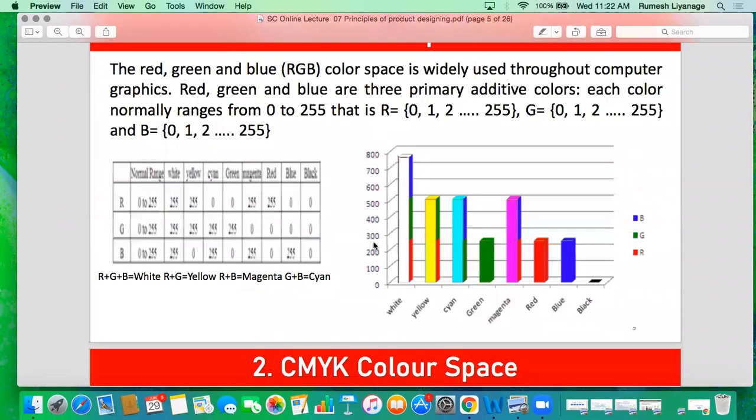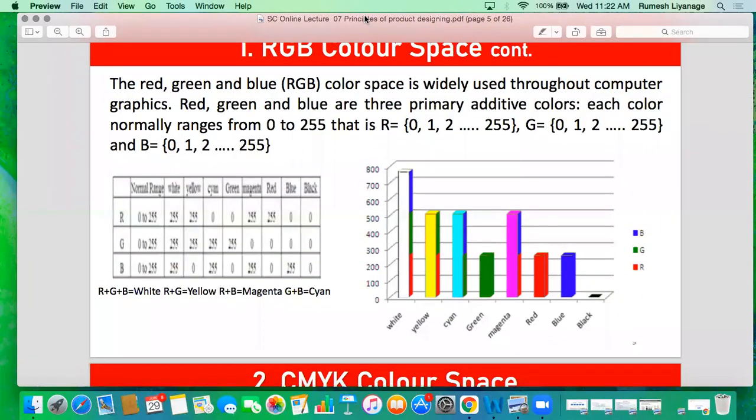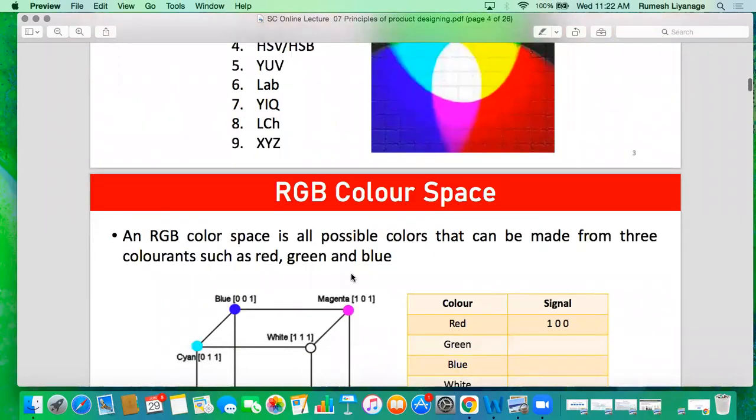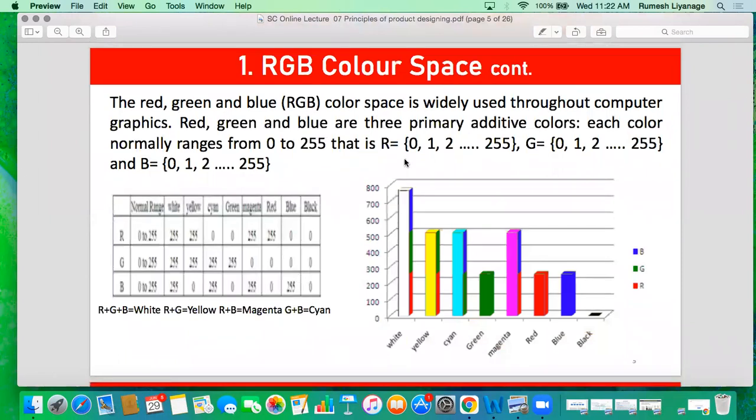And in the RGB color space, in Photoshop, you can see, right? Photoshop 0 to 255. If it is a pure red, you can see 255. Now in the RGB color space, this is the theory. When you use the RGB color space in software like Photoshop, the values go from 0 up to 255.